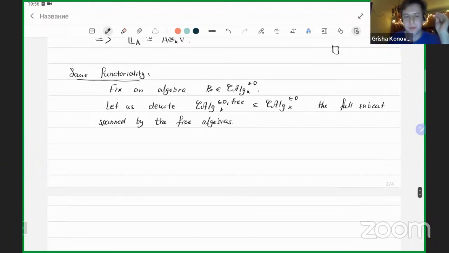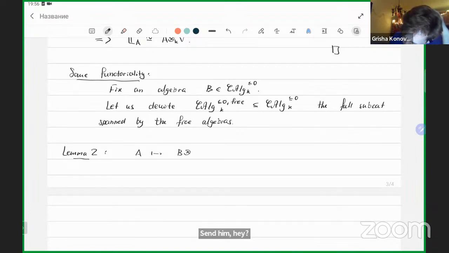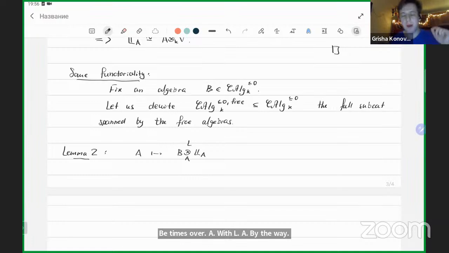And the following lemma makes precise what I mean by the functoriality. Sending A to B tensor over A with LA. By the way, all tensor products are derived, but I might forget to make it precise in my writing, but you should keep that in mind.